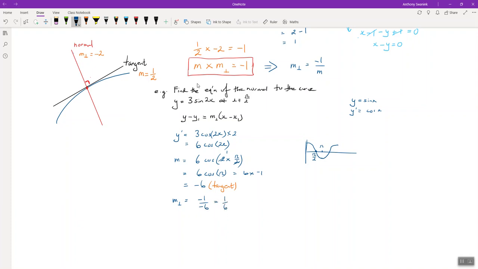Okay, now if we're going to substitute into this here, I've got the gradient of the normal now, but I also need x1 and y1, and I've got x here, pi over 2 now, so I need to calculate what y is. So let's do that over here on the right hand side.